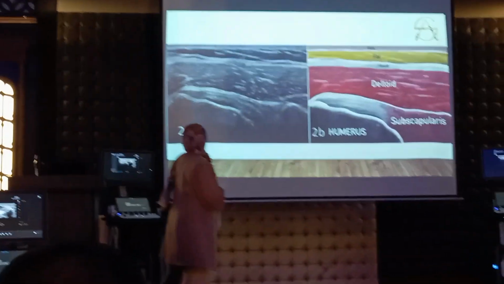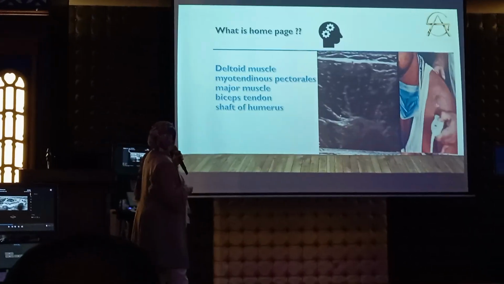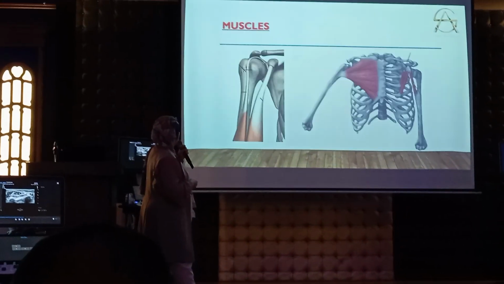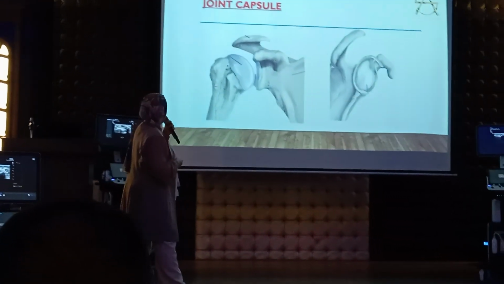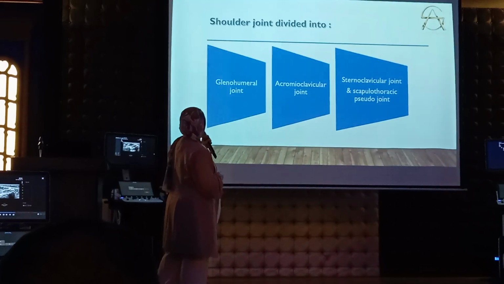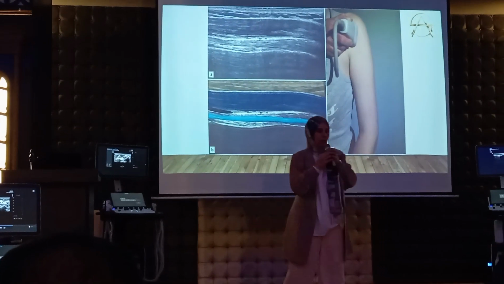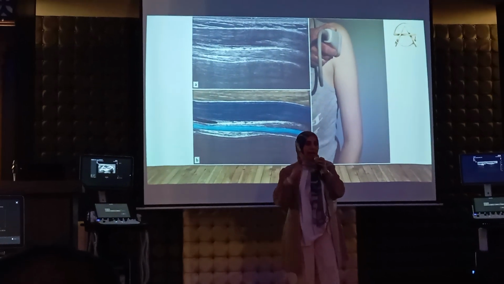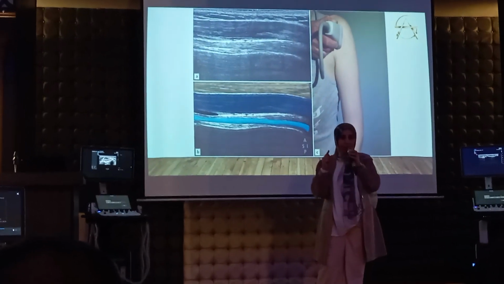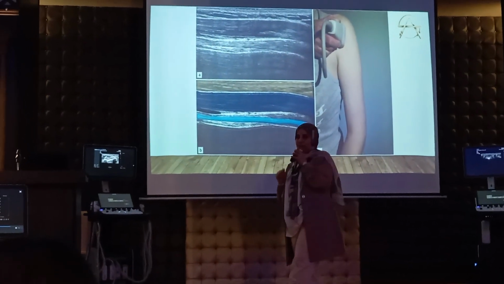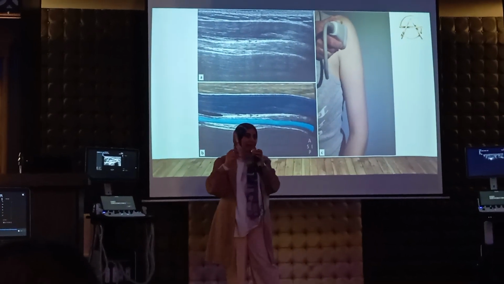If we return back, this is just the anterior surface, not the posterior. On the posterior surface of the greater tuberosity of the humerus, we have three facets: superior, middle, and inferior.